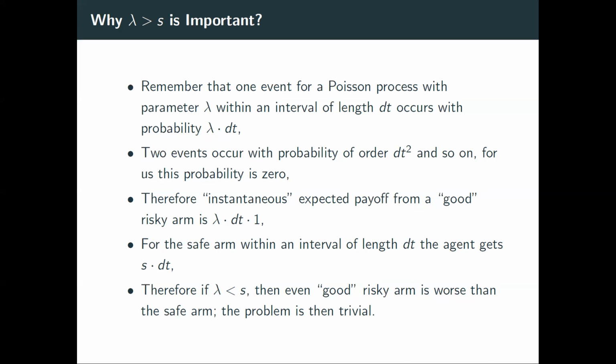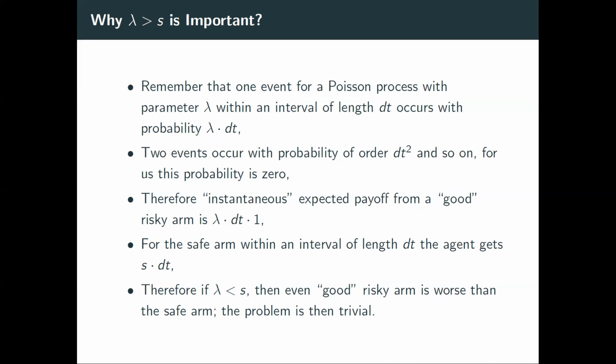And therefore, if we assume that S is higher than lambda, then it's trivial, because you know that if the risky arm is bad, it's certainly inferior to the safe arm. And if S is higher than lambda, the safe arm is even superior to the good risky arm. So no matter what type the risky arm is, you would always prefer the safe arm, and the problem is trivial in this case.